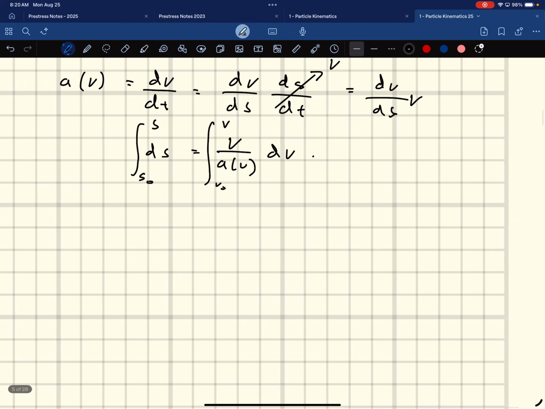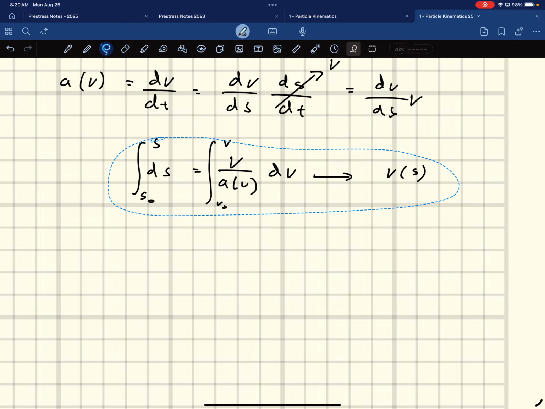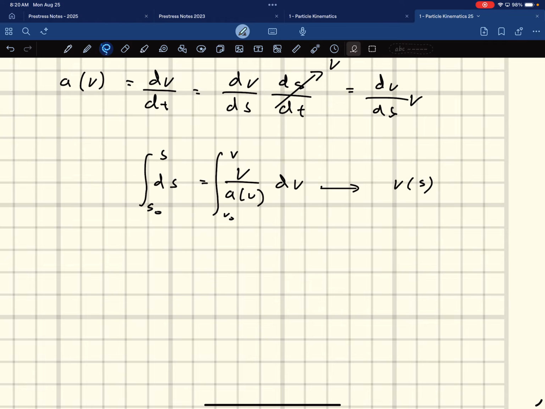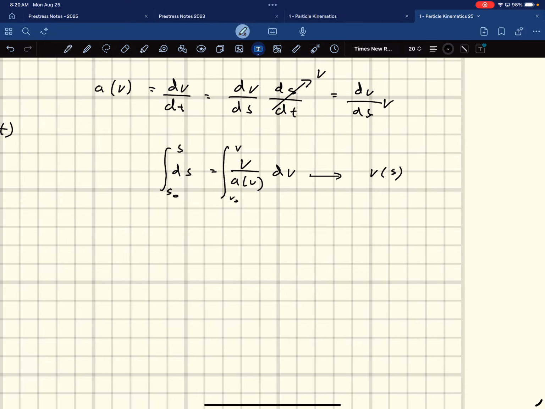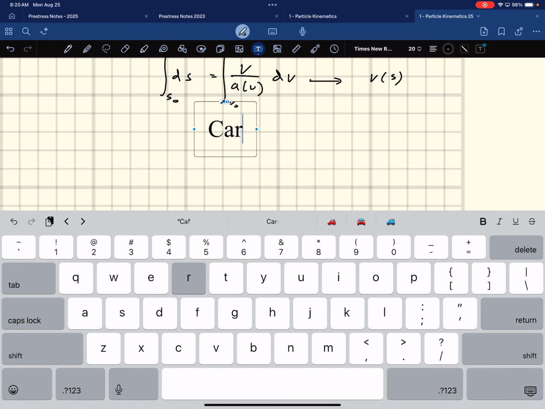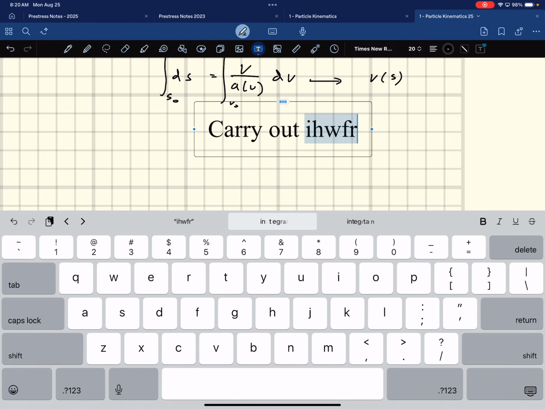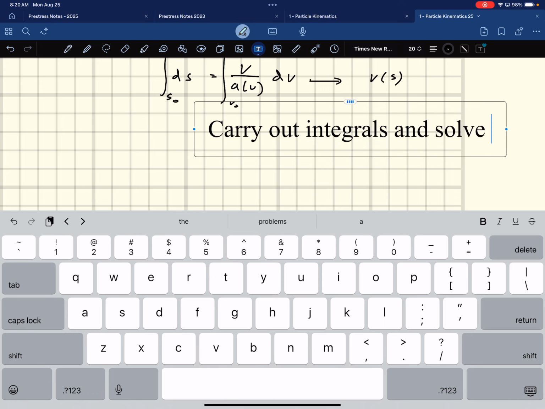that would give me v as a function of s. All right, to do that shortcut, once you get to this point, you do the same thing. You carry out integrals and solve for v.